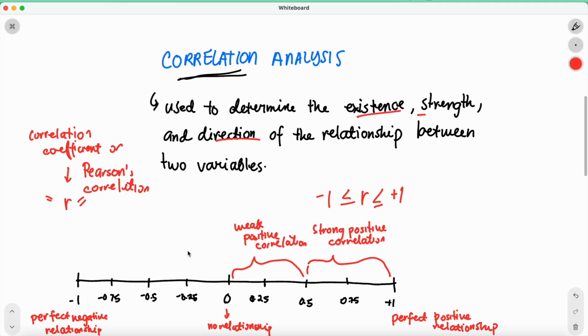Consequently, to the left side, we have negative 0.1 to negative 0.499. That is a weak negative correlation. Then if it is negative 0.5 to negative 0.999, that is a strong negative correlation. Okay?